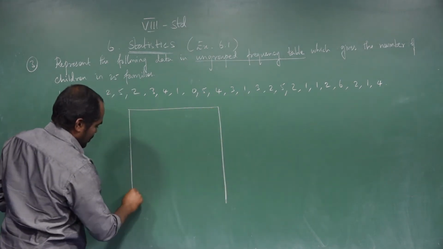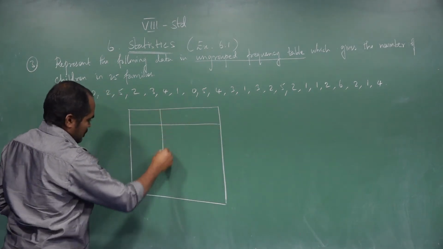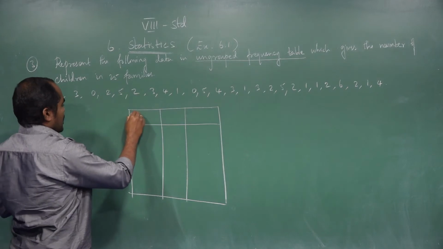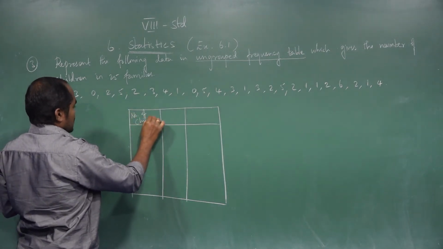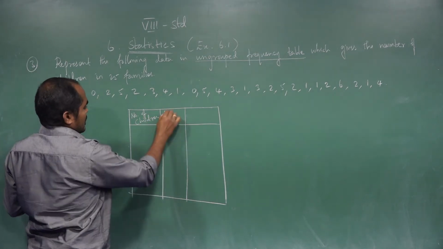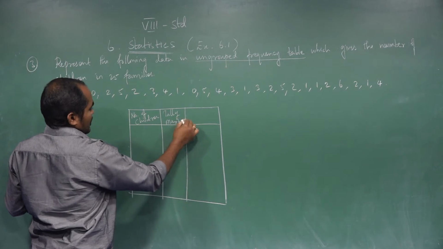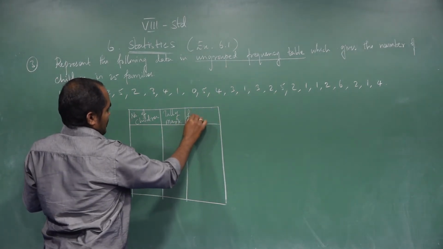Draw one table like so. Here, number of children. Here, tally marks. And the third heading is frequency.